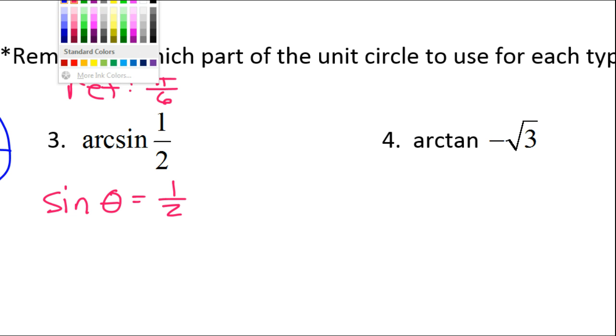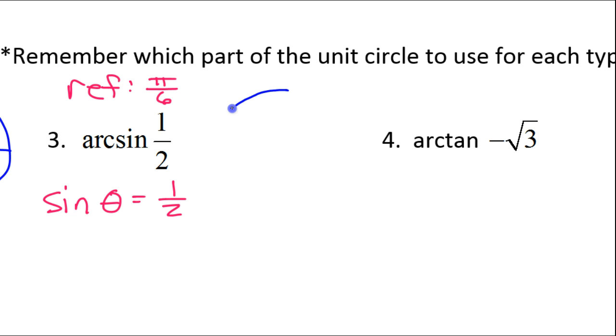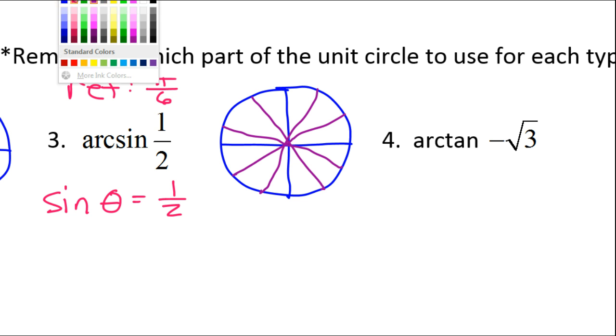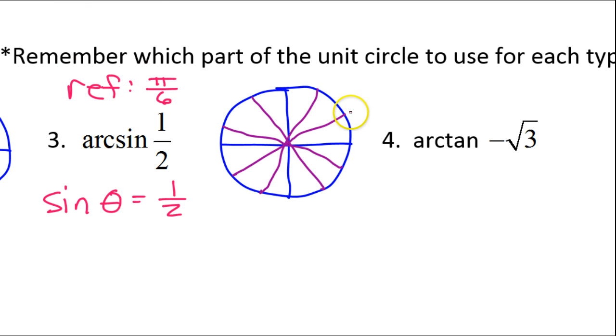That tells us enough information to draw a sketch of our unit circle. Since we know the reference angle is pi over 6, we will draw some pi over 6's. But there are 4 positions that will give me 1/2.